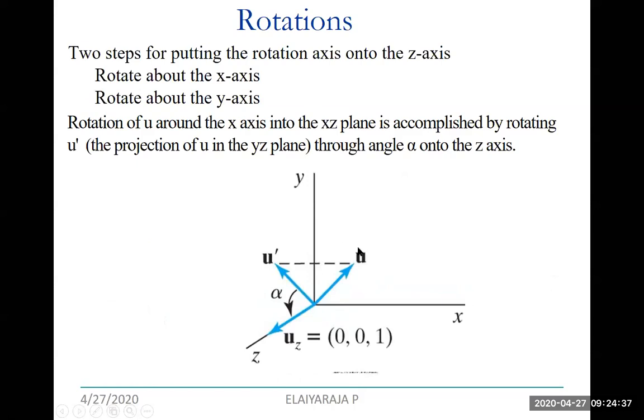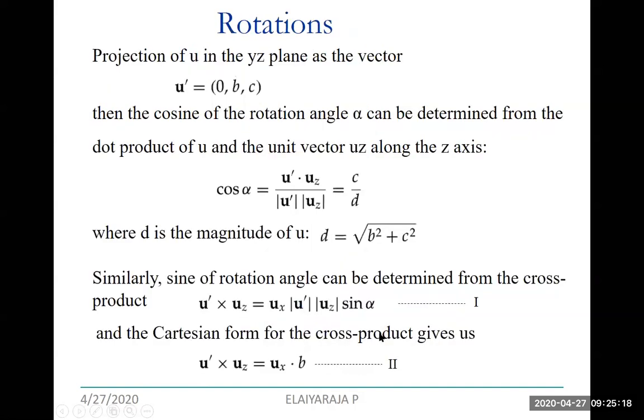Okay, so initial position of the vector U, then after it performs the rotation with respect to xz plane, then you get the new vector value U dash through the angle of alpha onto z axis. When you consider z axis rotation, x value is going to be 0, y value is going to be 0, and z value is going to be 1, because here we are going to perform z axis rotation, right?